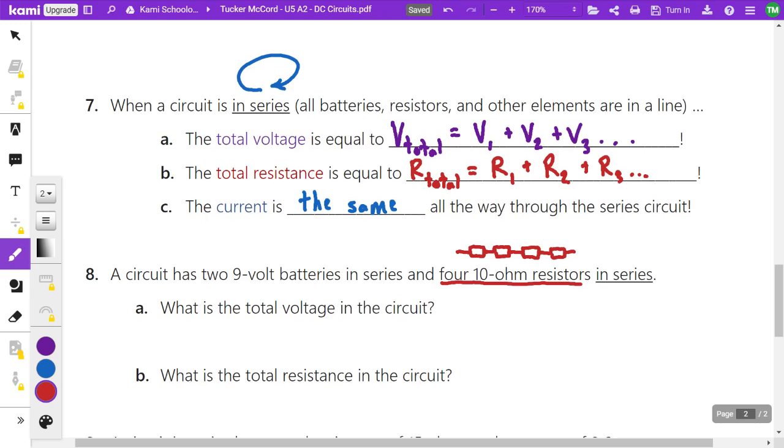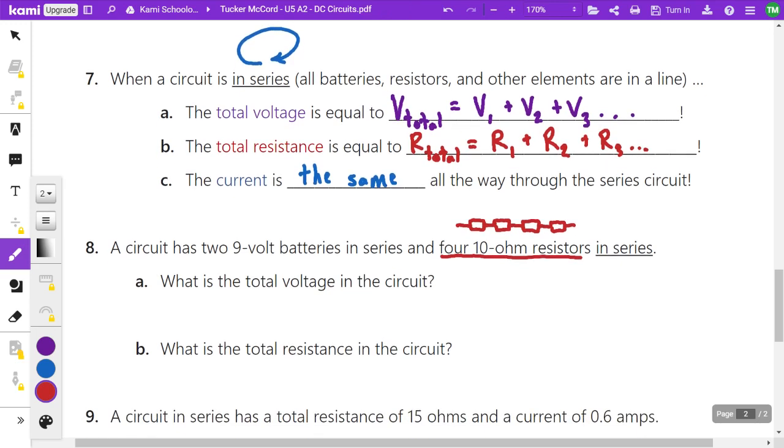The total resistance then is just going to be all of that resistance added up. So I'm going to say R total is equal to the 10 ohms from one resistor plus 10 ohms from a second resistor plus 10 ohms from a third resistor plus 10 ohms from a fourth resistor.